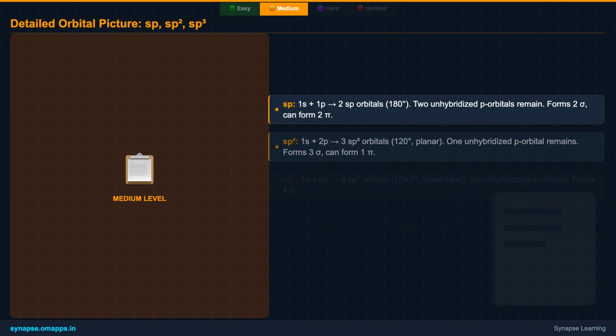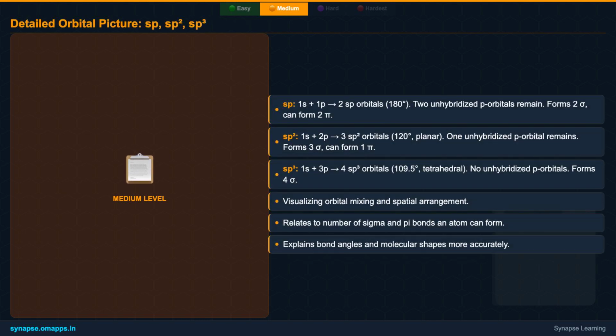Let's visualize these hybridizations with a more detailed orbital picture. For sp hybridization, one s and one p orbital merge to create two sp hybrid orbitals, pointing 180 degrees apart. This leaves two unhybridized p orbitals, which are perpendicular to the sp orbitals and can form pi bonds, as seen in acetylene.